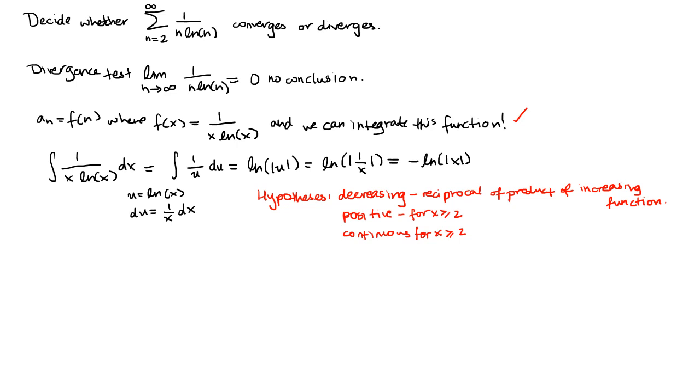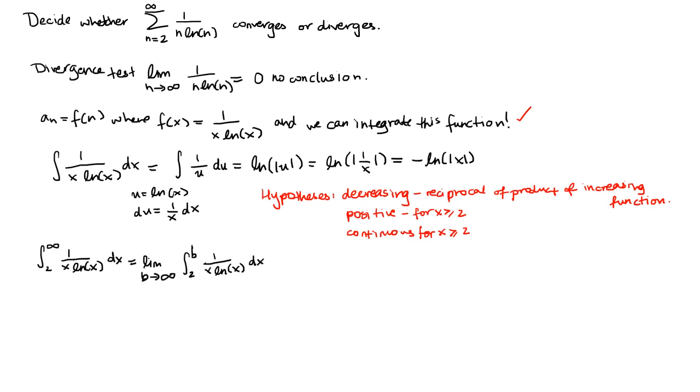So when we work out the integral from 2 to infinity of 1 over x log x, our improper integral is equal to the limit as b goes to infinity of log of log b minus log of log 2.